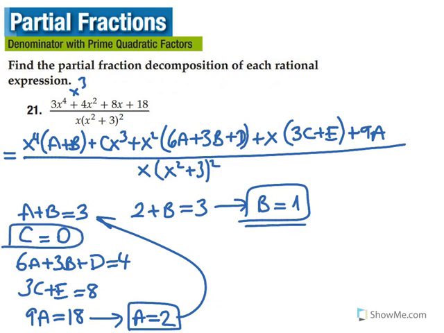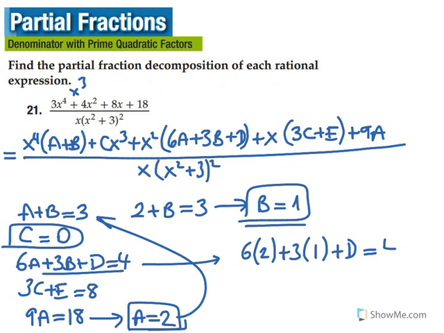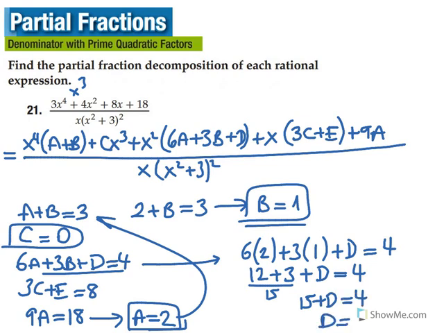Now I will substitute these two values to find d in this equation. So it will be 6 times a, which is 2, plus 3 times b, which is 1, plus d should be 4. So this is 12 plus 3 plus d, which is 4. So it will be 15 here. So 15 plus d equals 4, and d is from here minus 11. So let's substitute the values.